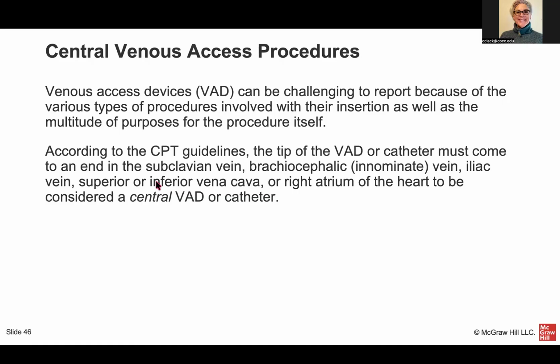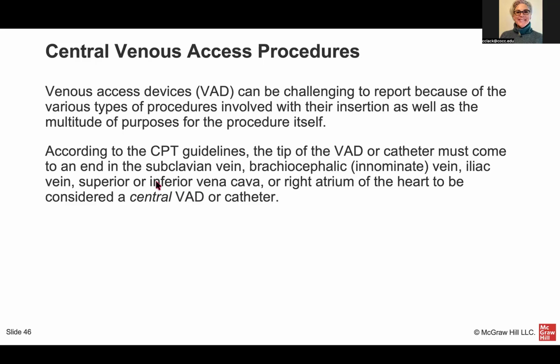Now, central venous access devices, or VADs, are used for long-term medication delivery, chemotherapy, TPN, or frequent blood draws. Coding them can be tricky because the CPT guidelines are specific about what qualifies as a central VAD. The definition is that the tip of the VAD or catheter must come to rest in the subclavian vein, the brachiocephalic, which is the innominate vein, the iliac vein, superior or inferior vena cava, or the right atrium.